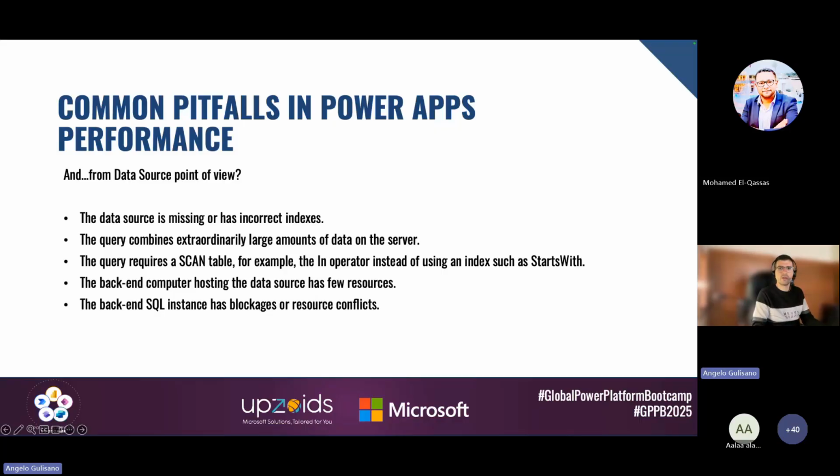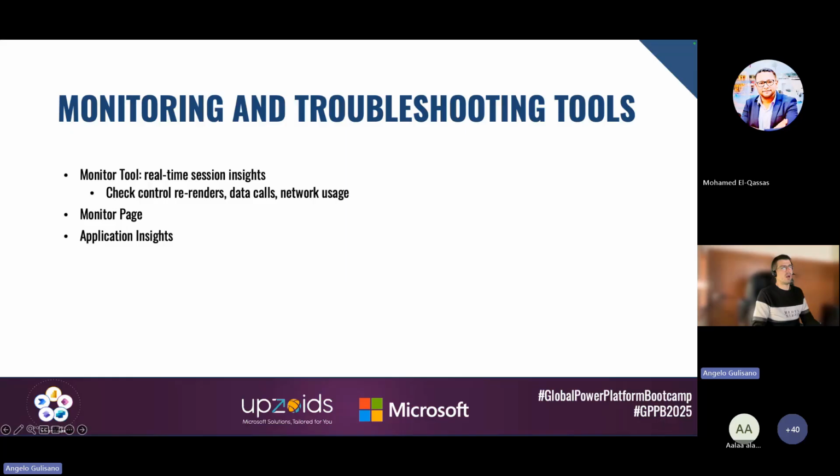So those are common pitfalls in Power Apps, but first of all, we need to understand how we can check if there are problems in our applications. So, monitoring and troubleshooting tools. Basically, we have three tools to understand if there are problems. The first one is the Monitor tool, to check real-time session insights.